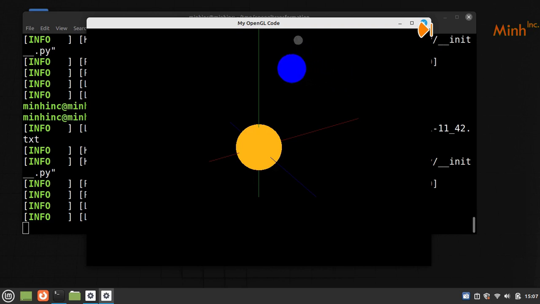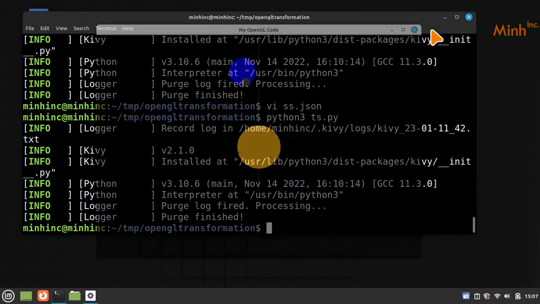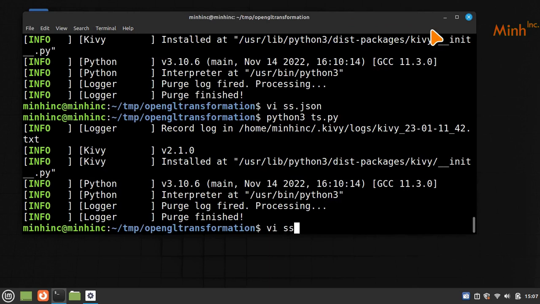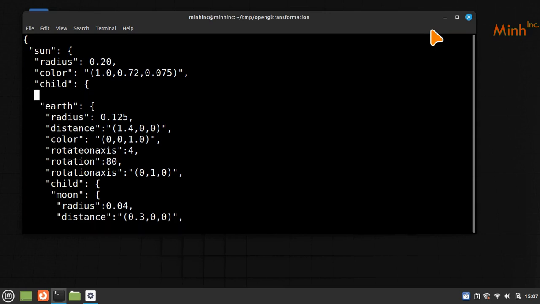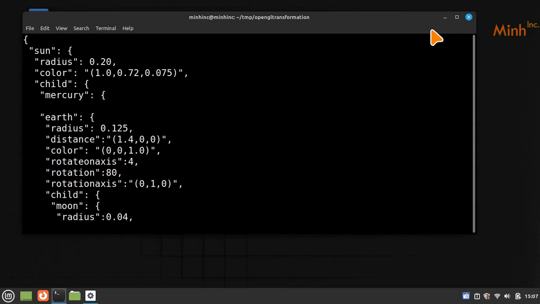Now we are free to add one more, a Mercury. So here we'll have Mercury, and what is the attribute of Mercury?